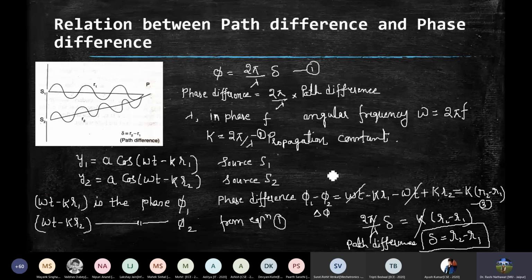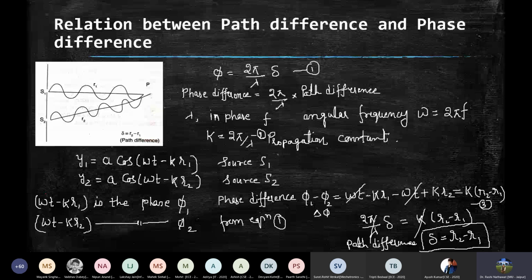Here we have some assumptions: the phase is the same, the frequency is the same. But in Young's double slit experiment, you can take any two waves, and their phase cannot be the same. So in that case, how do we find the path difference?